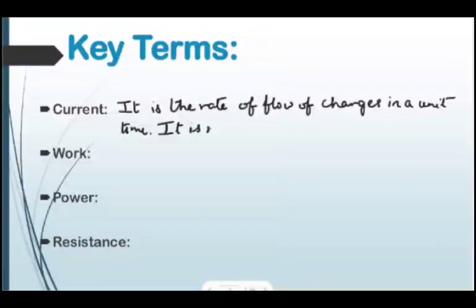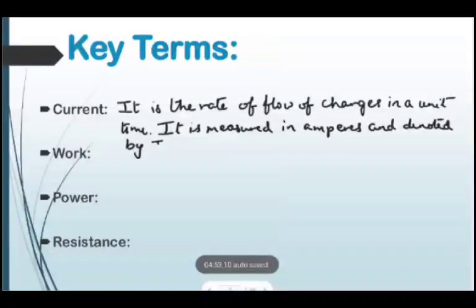It is measured in amperes. And current is denoted by the letter capital I. Okay, children, so current is nothing but I, which is current, equals Q upon T. I we know, T we know is the rate, so the time.